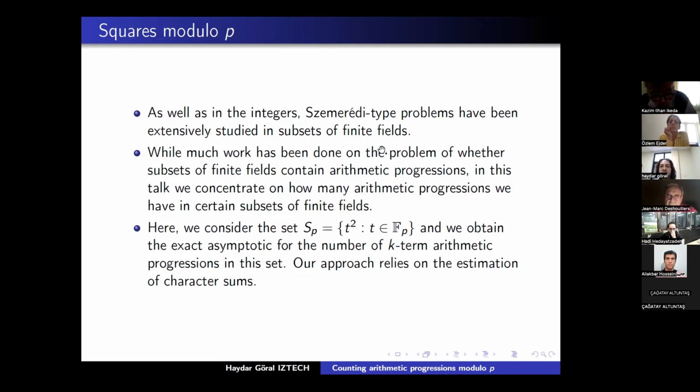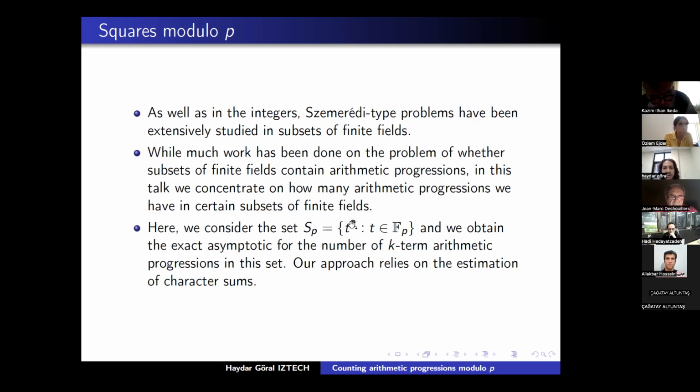And this time we are considering subsets of a finite field. So we are considering especially this set, the squares in a finite field. We fix a prime p, then we consider the finite field Fp, and we consider its square elements. Unlike the case of integers, where squares have zero density, if you consider modulo p, everything changes.